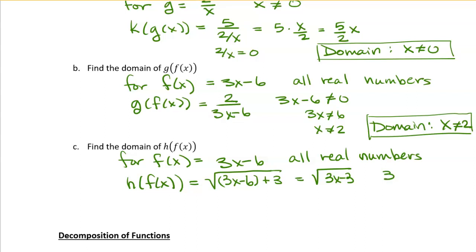So 3x minus 3 has to be greater than or equal to 0. What does that tell us? 3x is greater than or equal to 3, so x is greater than or equal to 1. Putting those together, the domain of the composition is just x greater than or equal to 1.